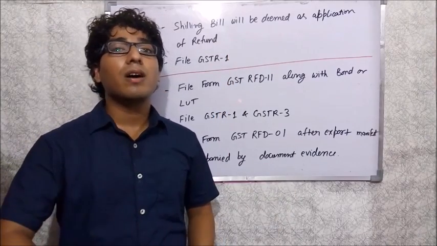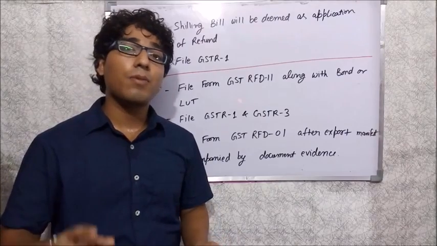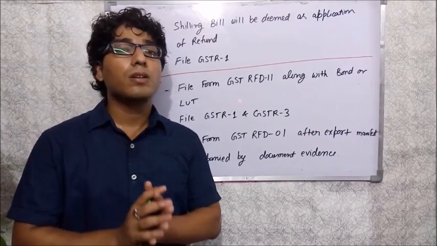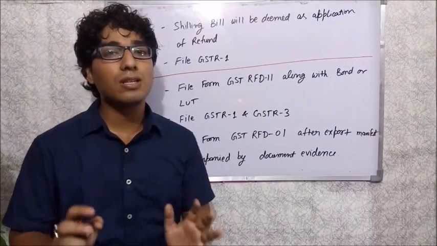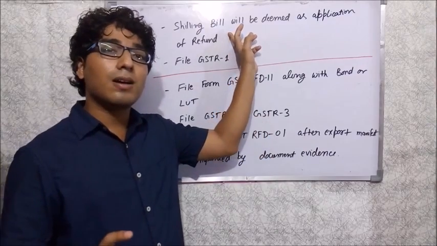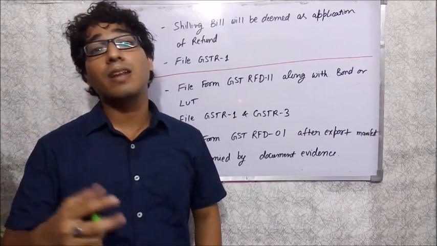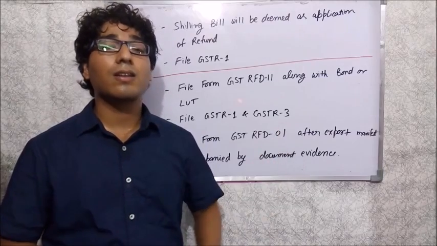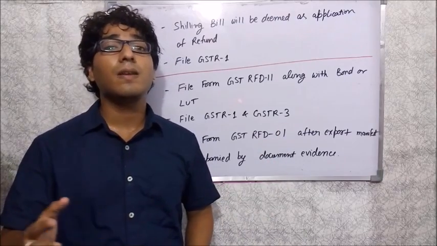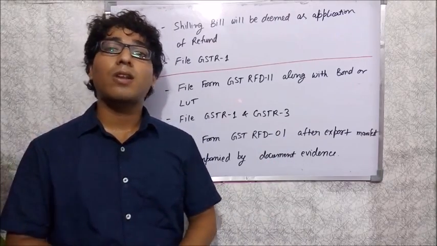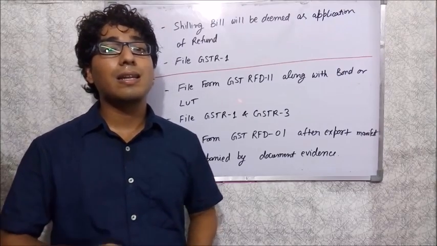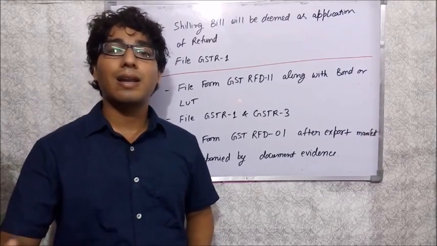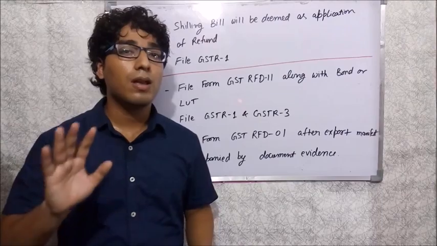So when you pay the tax at the time of export, you don't have to do anything, because the shipping bill will be considered a refund application, and you file the return under GSTR3 and then GSTR1. They will automatically correlate the data in both returns with their data, and then the refund will be available to you.